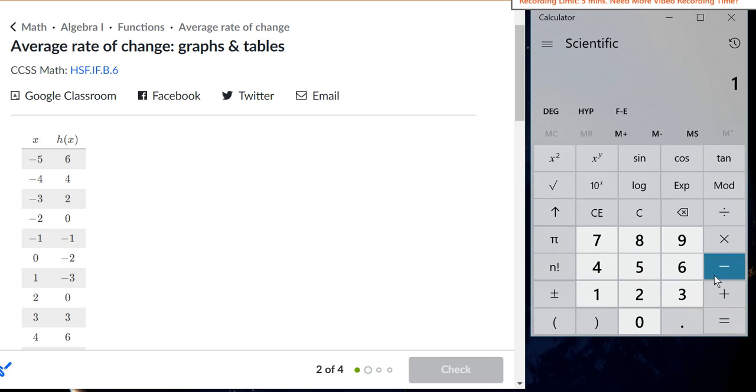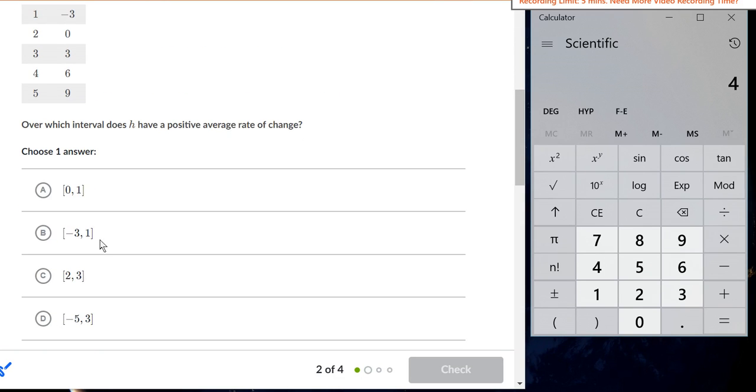So 1 minus -3 is going to be -2. So that's, no, I did that wrong. Hold on. I did that second calculation wrong. 1 minus -3. That's +4. So it was a negative over a positive. That's a negative rate of change.